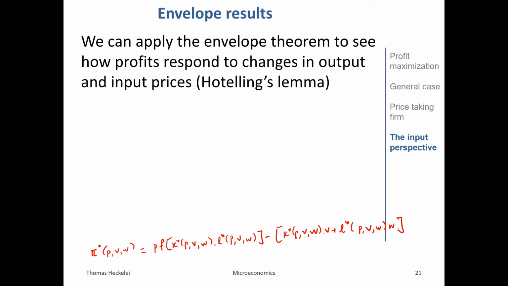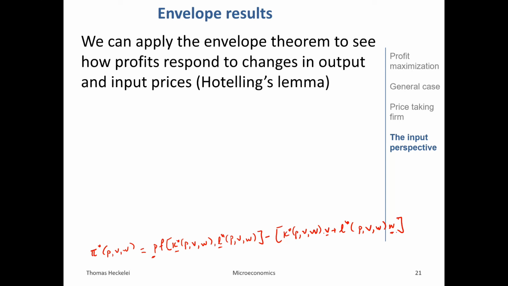Now what the envelope theorem says is that at the maximum point, we could fix this K star and L star at their maximum values, right? And treat them as constants. And by that, we could examine the effect of changes in the price of the input and the output.